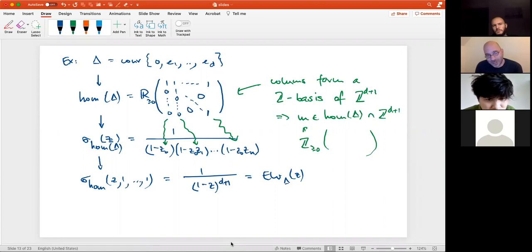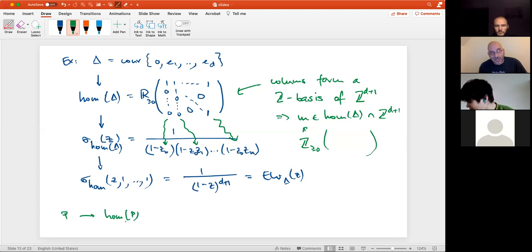I'll give you a very quick preview here too. This is a two-step process in general. You can ask, what if I don't have a simplex, but I have some polytope? That's already a different situation, because now the cone over this polytope is not simplicial.